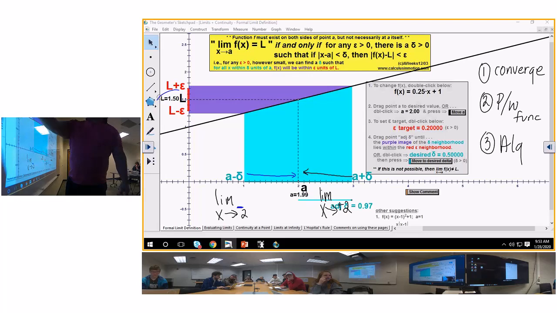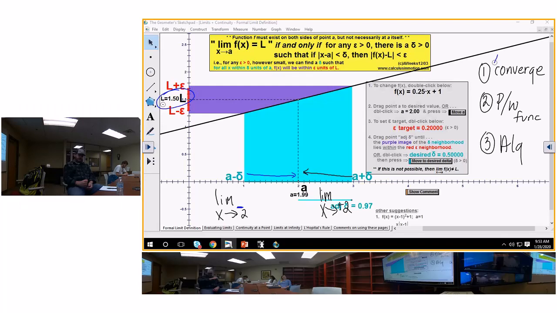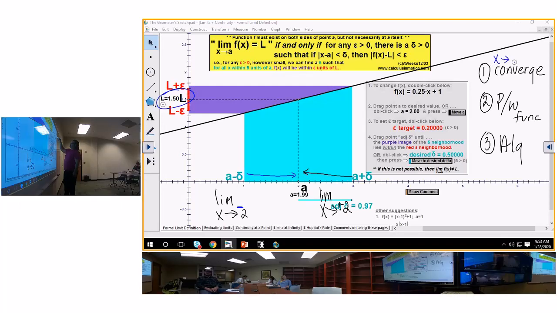1.5. So when you're talking about a convergence, they're going to say x is approaching a number, and you're going to answer y.